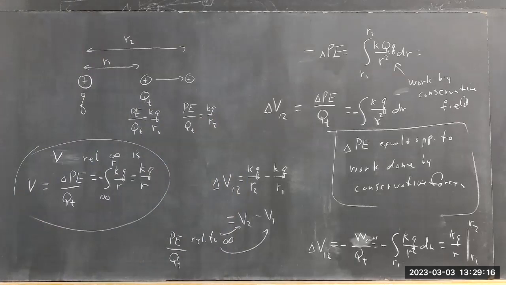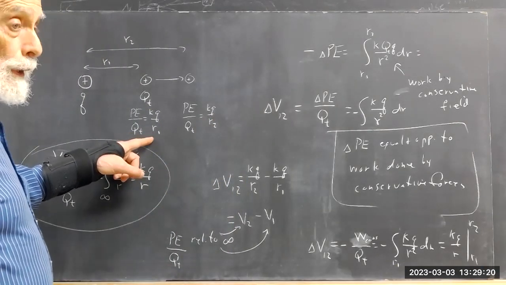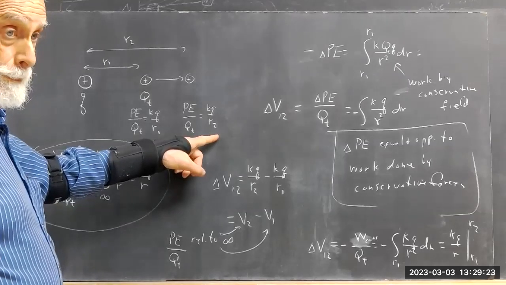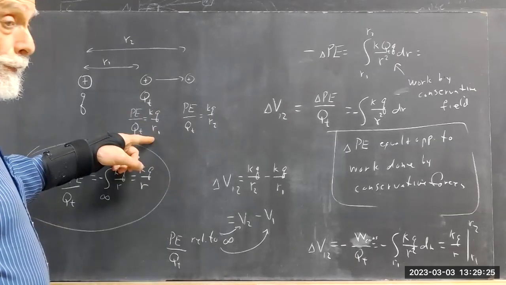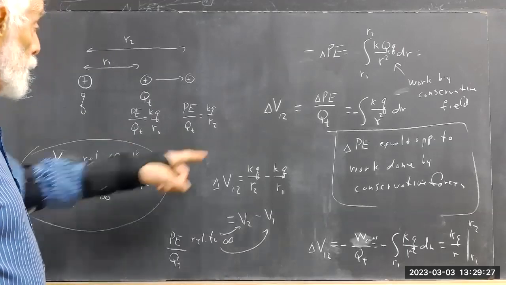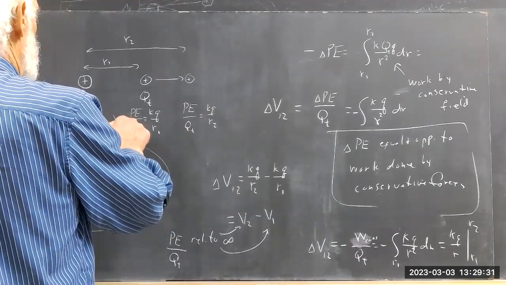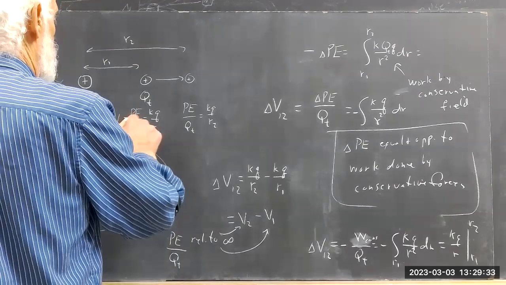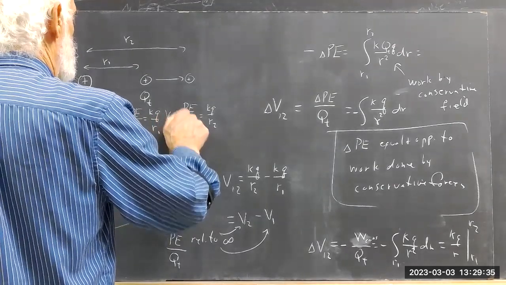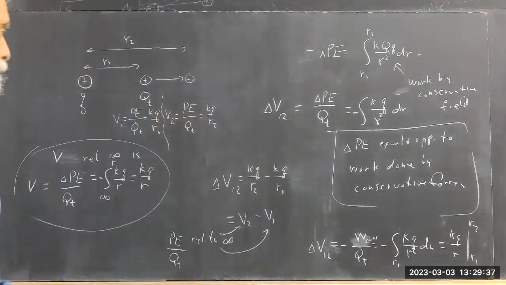Which is greater? Well, R1 is less than R2. If you divide by R1, then you're going to get a bigger result than if you divide by R2. So this will be your V1. This will be your V2.